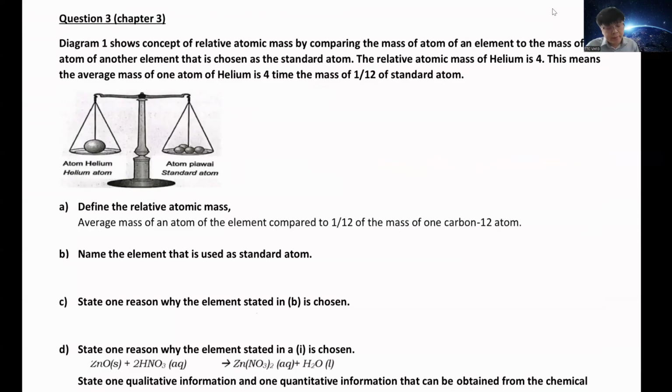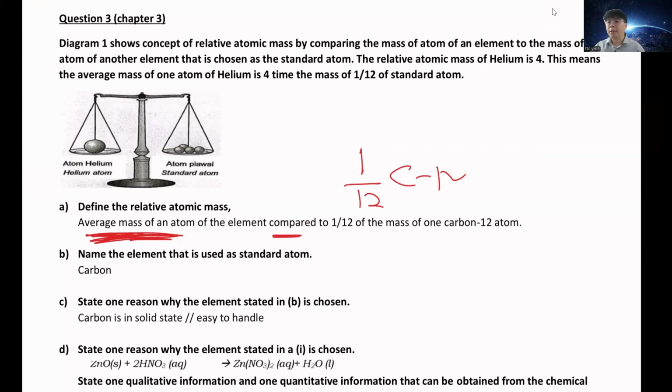So relative atomic mass is to get how many times heavier the average mass of an atom is compared with 1 over 12 of carbon 12. So carbon 12 is the one that we use as the standard atom. Why did we choose it? We could choose any, but the reason is that carbon is a solid state, so it is easy to measure the original mass.